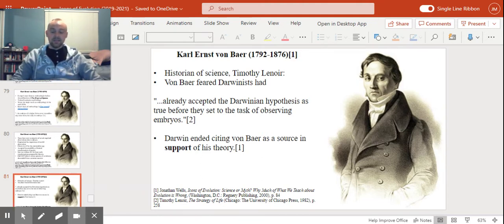When empirical science is supposed to be observable, testable, and repeatable, and should, as Sherlock Holmes put it, you get theories from facts, not facts from theories. And so von Baer started to fear, according to Lenoir, this historian of science, that many had already accepted the Darwinian hypothesis as true before they set to the task of observing the embryo.